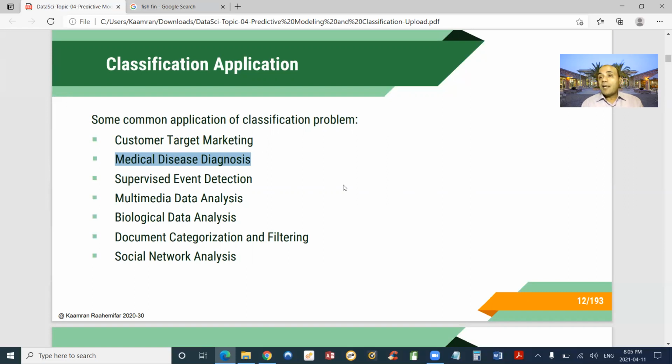Medical disease diagnosis: science has actually advanced to several stages of knowledge, such that you could potentially give a rare disease to an expert, and they would be able to identify what that disease is. Why is that possible?